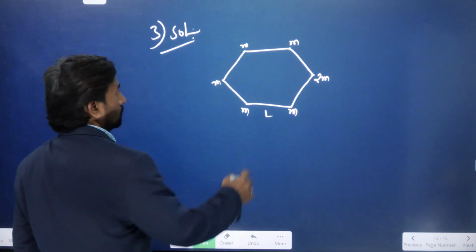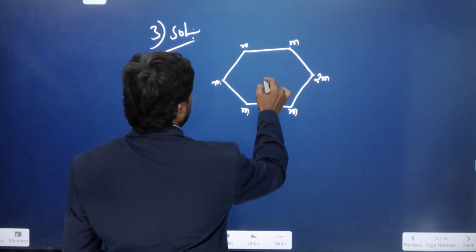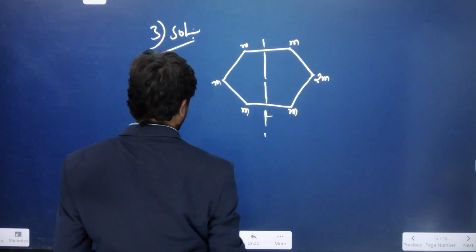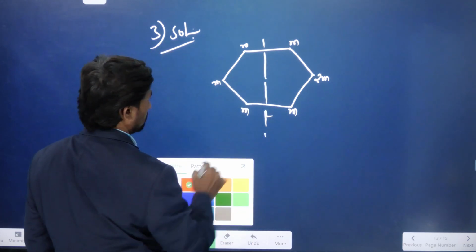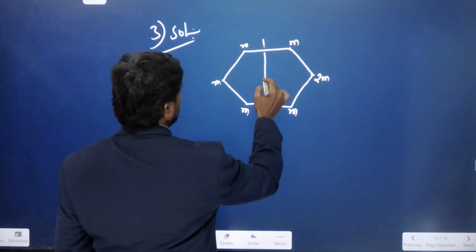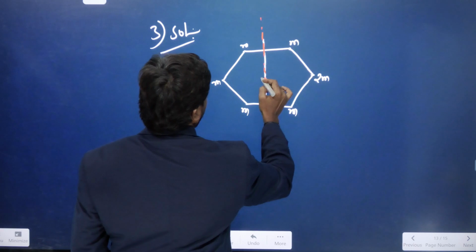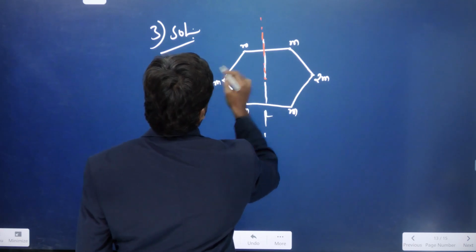Okay. So, consider the center of the hexagon placed at the origin. This is the origin, and here is the coordinate system.